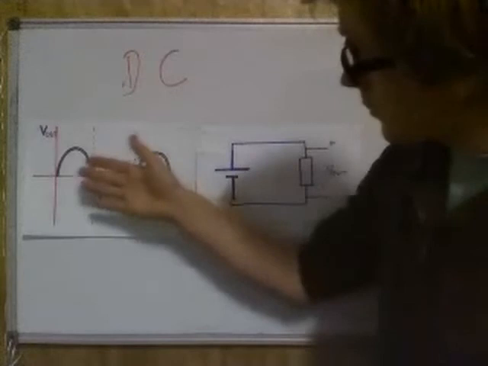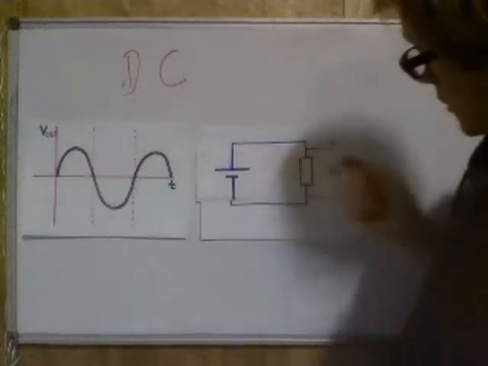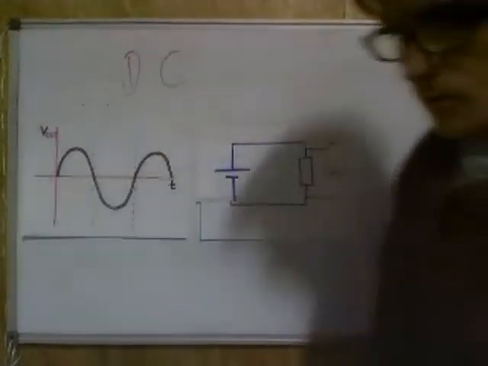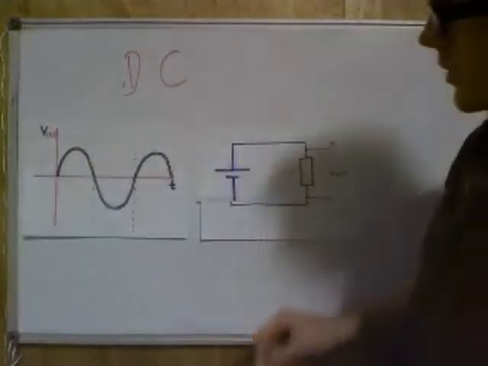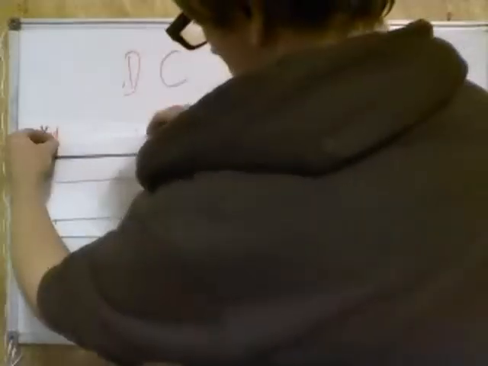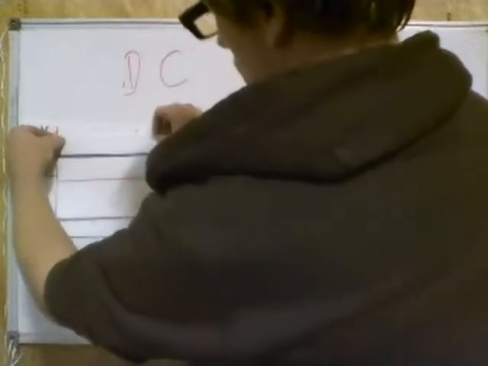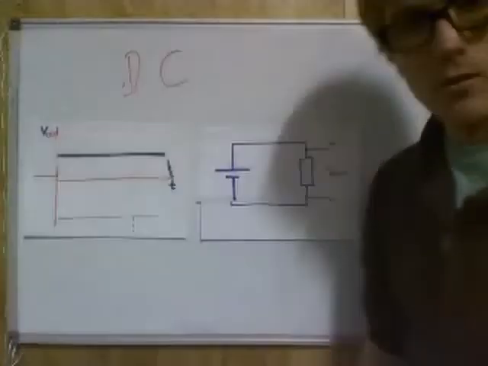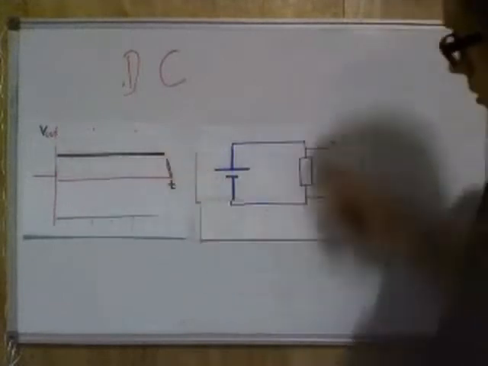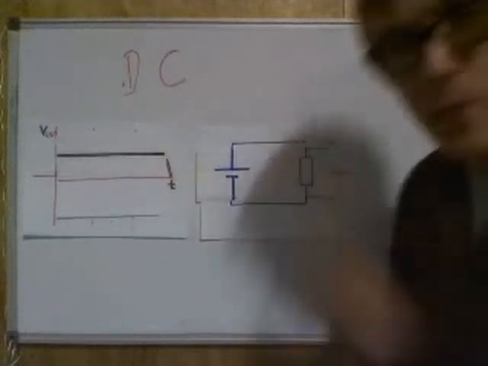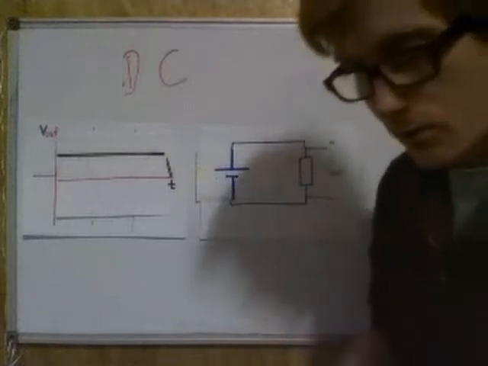And if we were to draw a graph of the voltage at V out for something like this, it would no longer be changing. Okay, we wouldn't have that alternating current. We'd have a constant value. Okay, we would have a constant voltage across this resistor, because that's what batteries are supposed to provide, a constant voltage.